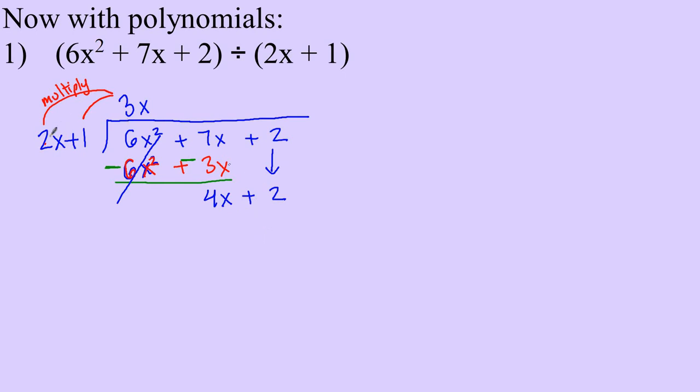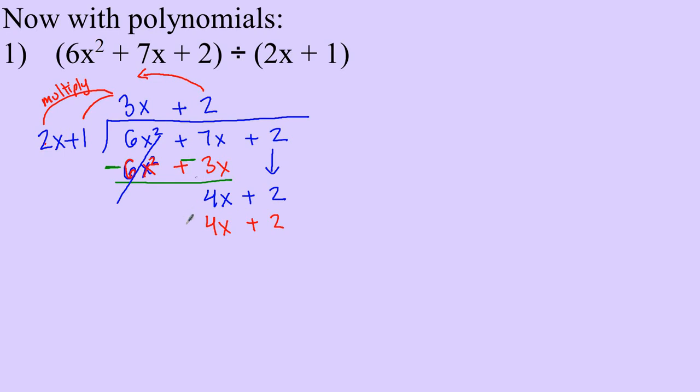We do it again. 2x times what is going to get me 4x? Well, 2x times 2 is going to get me 4x. Again, we multiply it. So we get 4x plus 2. You have to multiply it by both terms.